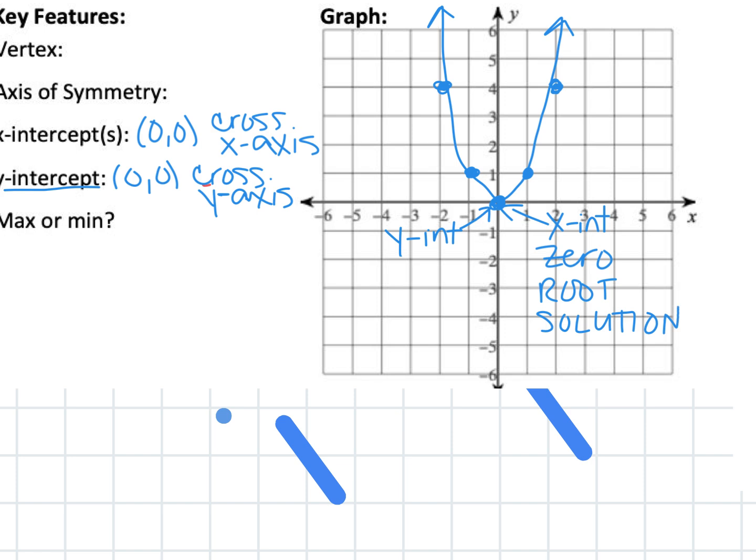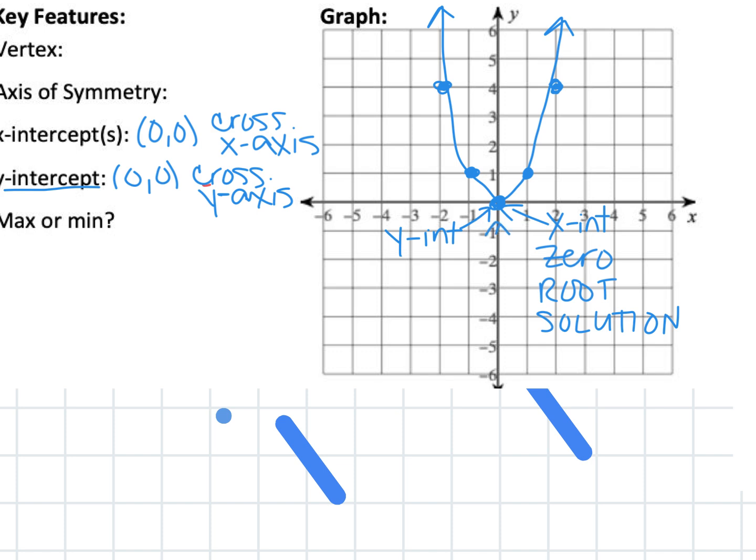Those four words are synonyms, right? They're different words that mean the same thing. So you'll hear me say root or solution or zero or x-intercept, and it's all the same thing. It's all x-intercept.